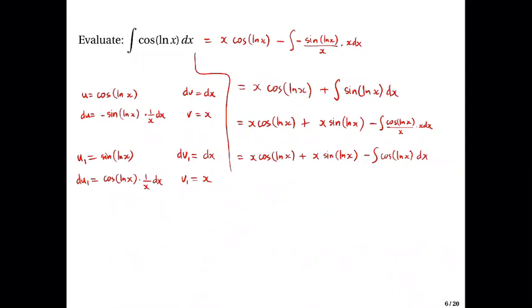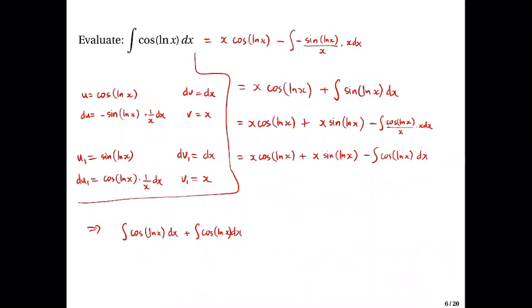So we can bring it to the other side of the equation. Here, you will have the integral of cosine of ln of x dx plus the integral of cosine of ln of x dx.